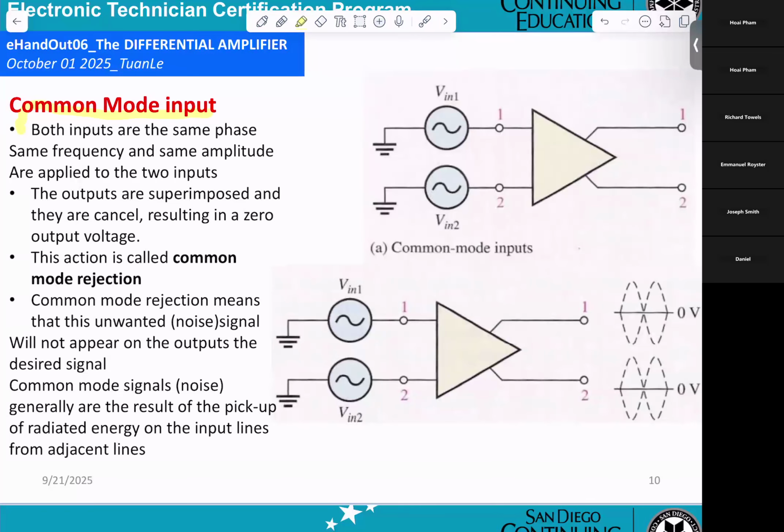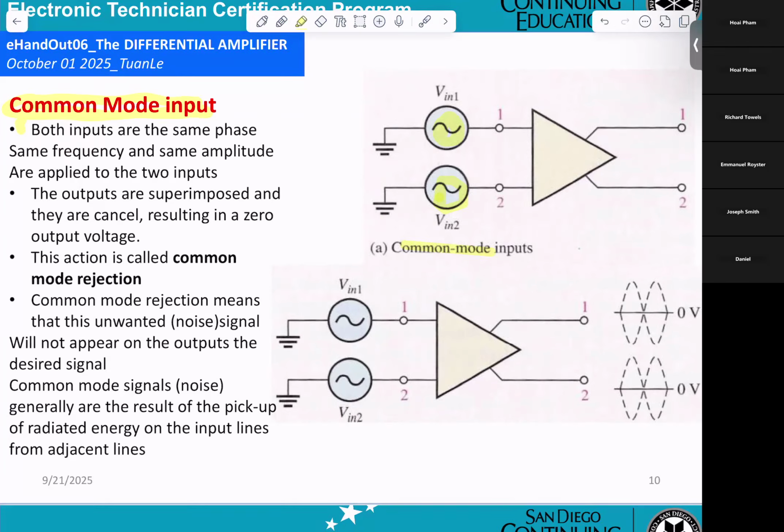Common mode input. Now you see they get the same thing. Go up, go up, go down, go down. That's what they're talking about with common mode. Both inputs are the same phase, same frequency, same amplitude, applied to the two inputs.